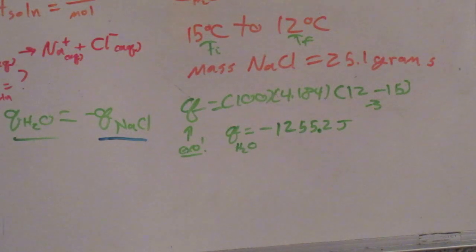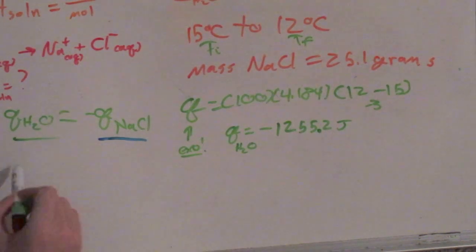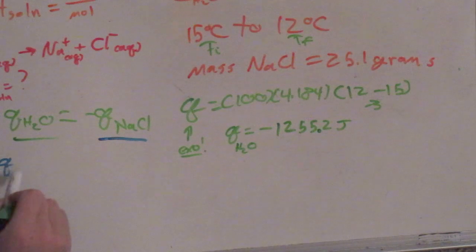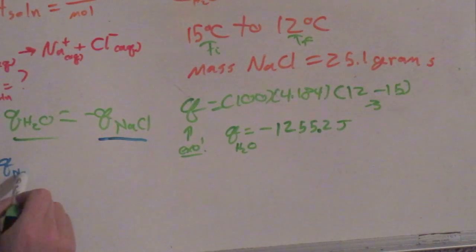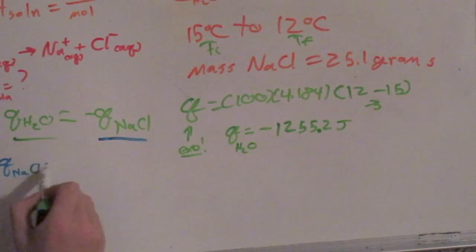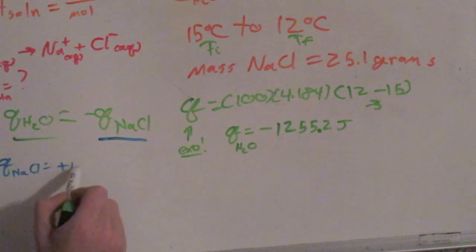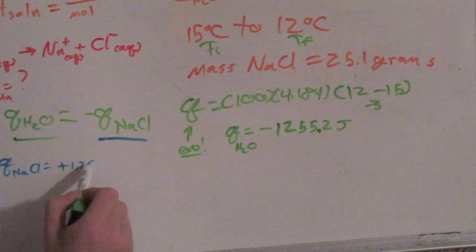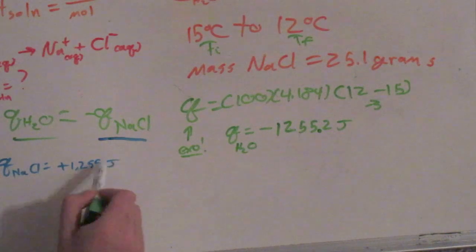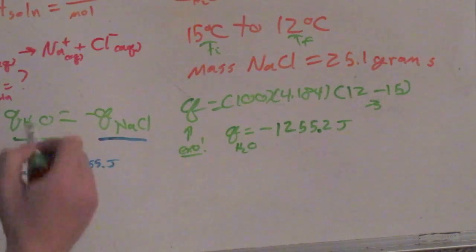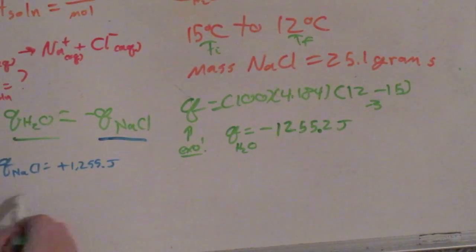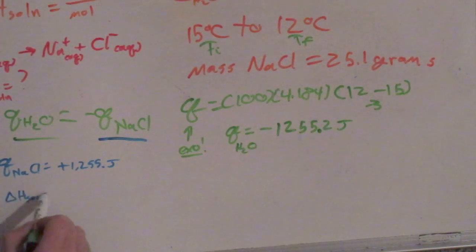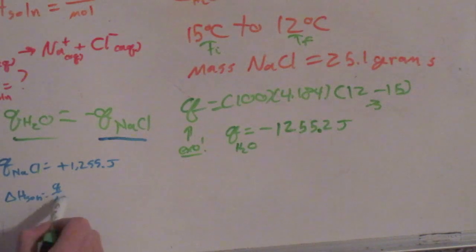Okay, so now we know that the Q of NaCl, if that's negative, that means that this is a positive 1255.2 joules. All we have to do now is put that into delta H of solution, Q divided by mole.